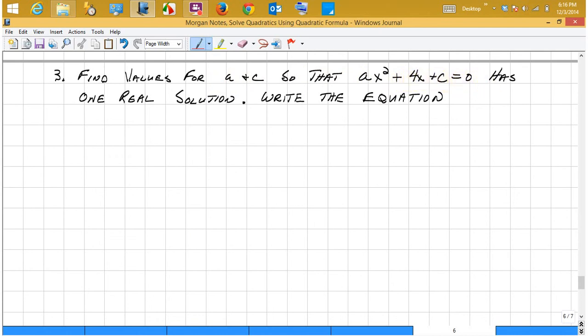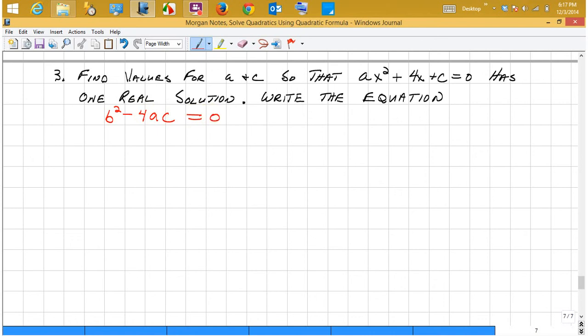And we could do this whether it says two real solutions or two imaginary solutions. The main thing we have to do is set it up so that we get the discriminant equal to whatever the type of solutions it says. So if I have one real solution, that must mean that the discriminant, b squared minus 4ac, would have to be equal to 0.